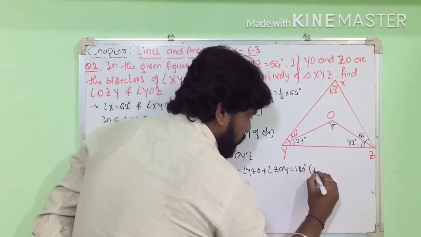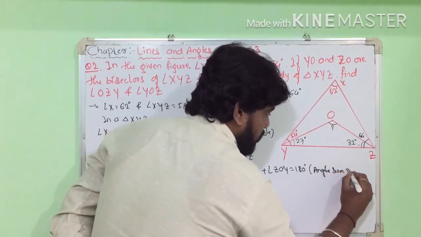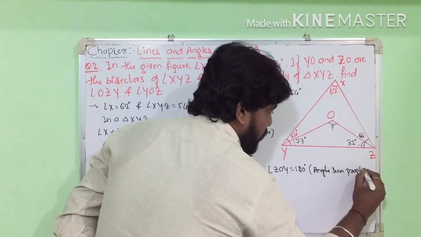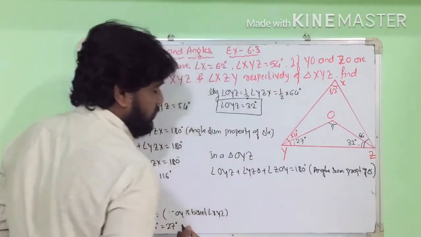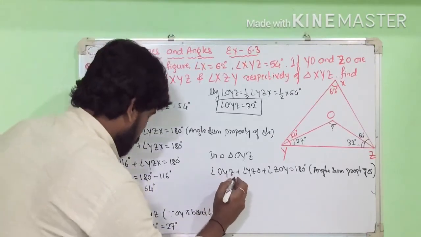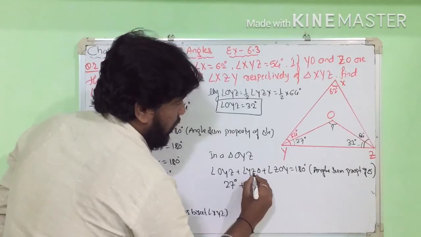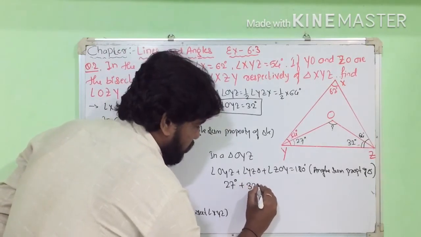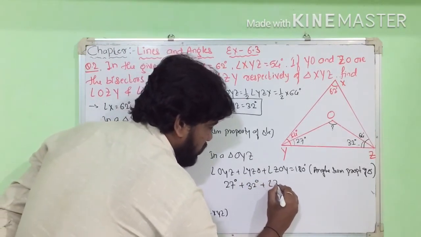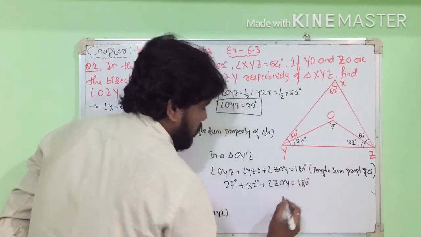Here also angle sum property of triangle, right? So this angle OYZ we know is 27 degree, plus YZO is 32 degree, then plus ZOY we don't know, keep as it is. So 180 as it is.